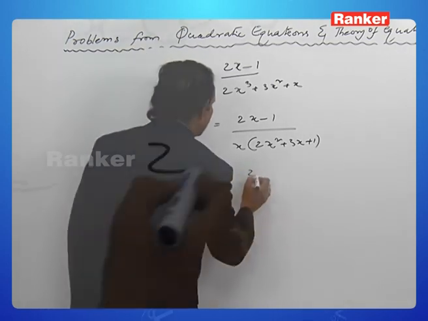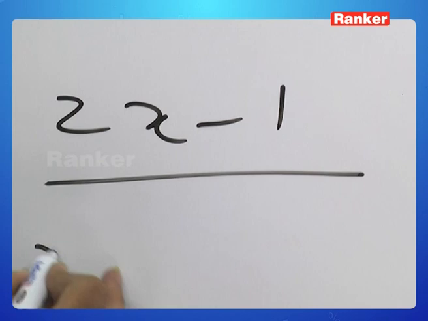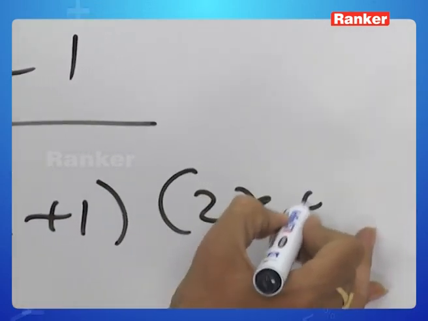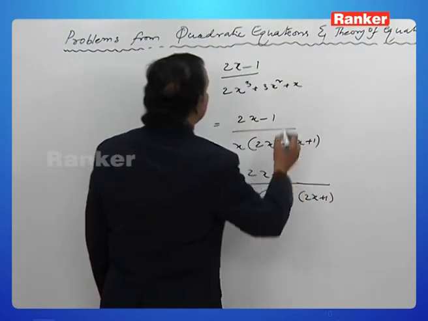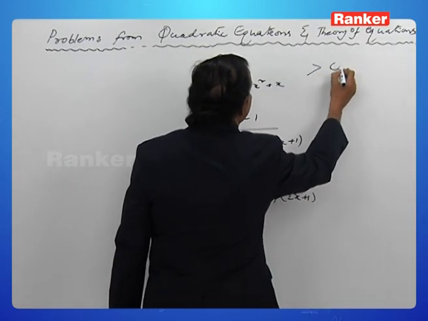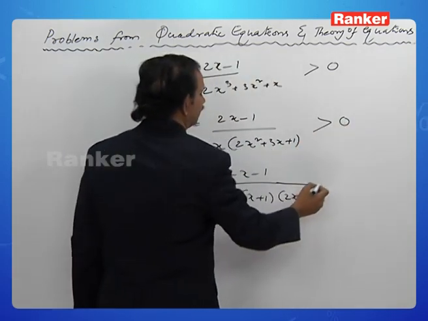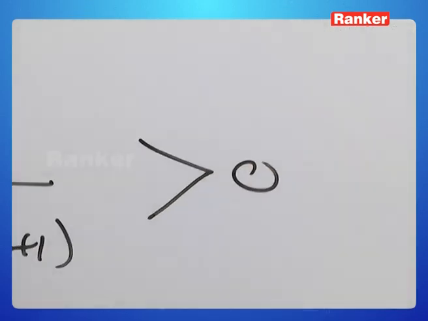This is equal to 2x minus 1 by x into x plus 1 into 2x plus 1. This is greater than 0, we must have.